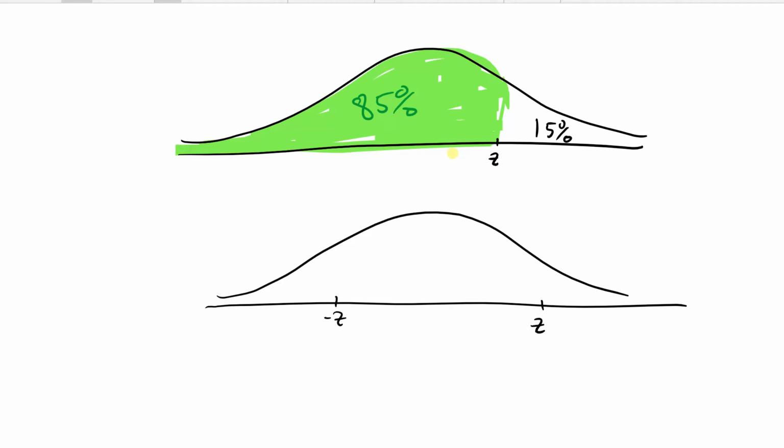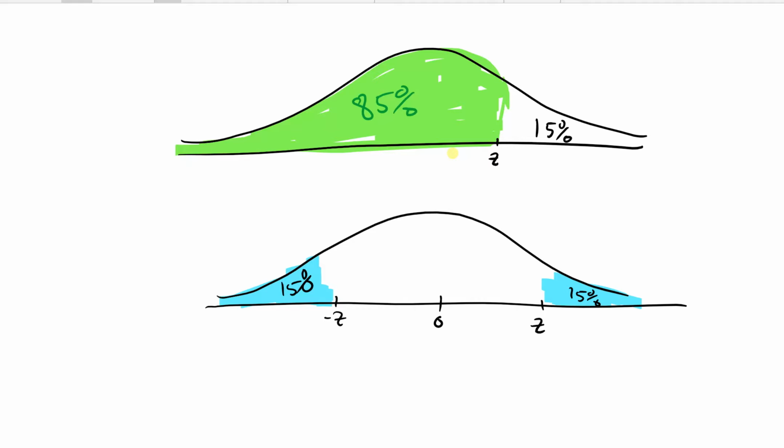If the area to the right of Z is 15%, so let me label that as 15%, because the histogram is symmetric about 0, which is in the middle, the area to the left of negative Z is 15%.